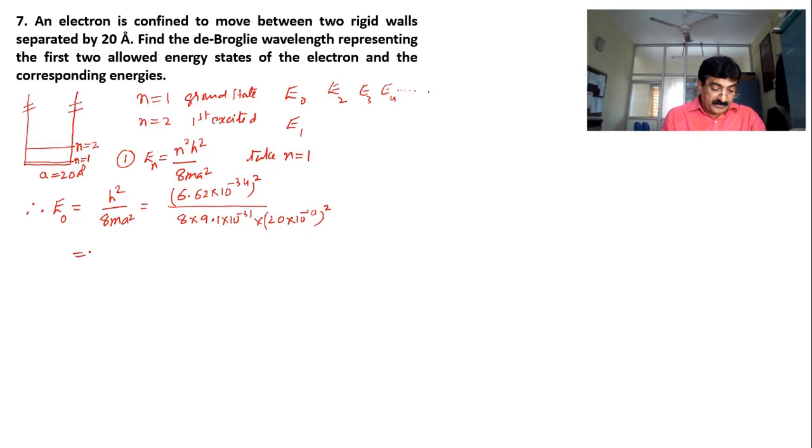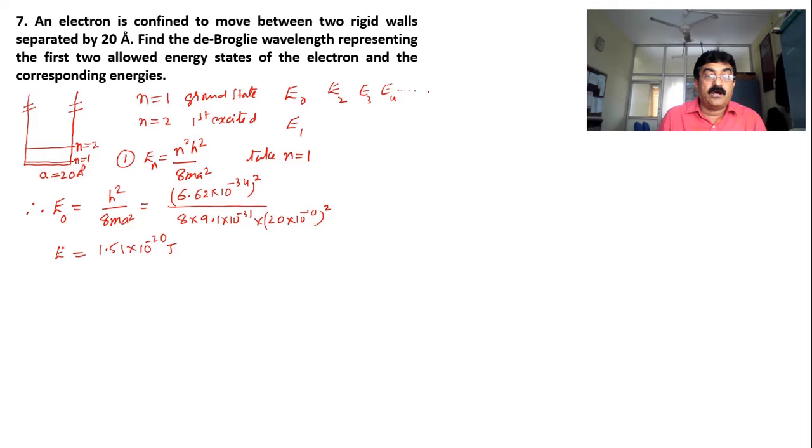Well, I do it. 6.625 to the power of minus 34 whole square divided by 8 into 9.1 to the power of minus 31 into 20 into 20, 400 to the power of minus 20, because 10 to the power of minus 10 whole square. Well, I got the answer as 1.51 into 10 to the power of minus 20 joule.